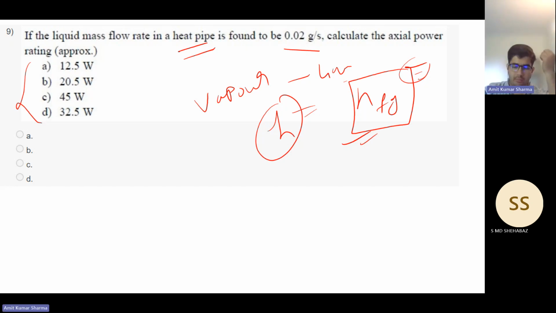Are you calculating, Sahbaz? No, sir. How to calculate? Okay.